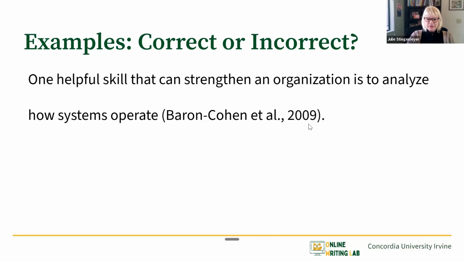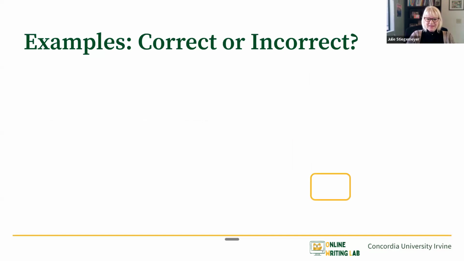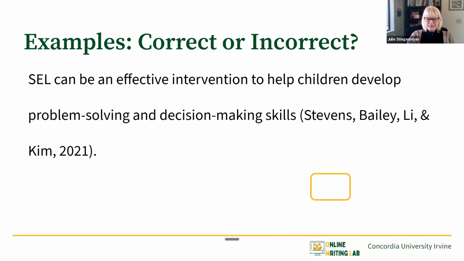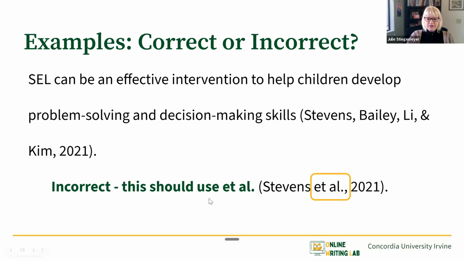Is this correct for a citation? Yes, we finally have a correct example. And then last, SEL can be an effective intervention to help children develop problem solving and decision-making skills. Stevens, Bailey, Lee, and Kim, 2021. Is that correct? No, we should use et al. in this situation, even from the first reference.